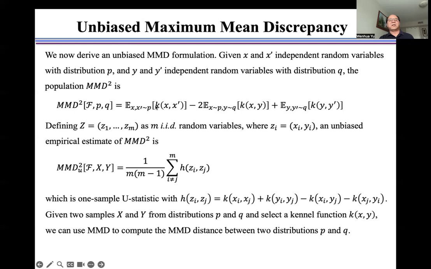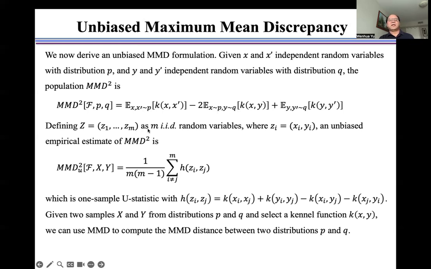First term, the kernel sampled over distribution P. Third term, the kernel sampled over distribution Q. And the second term, the kernel sampled over the distributions P and Q.